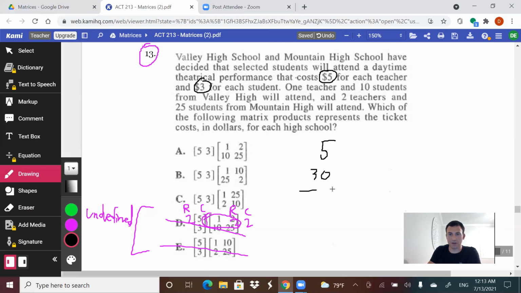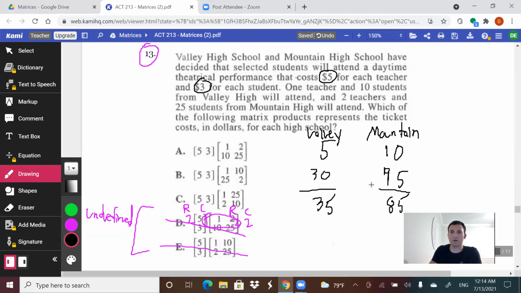Add them together and you get 35. So that's Valley. If we look at Mountain, Mountain's going to cost 2 teachers at $5 a teacher, so that's $10. 25 students at $3 a student, so that's $75. So Mountain's going to be paying $85.